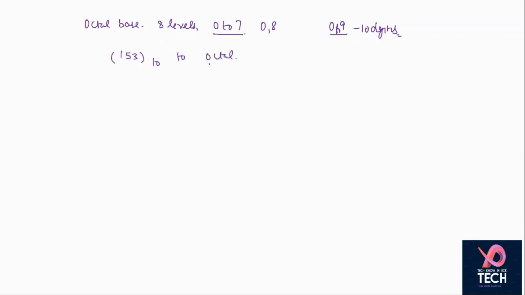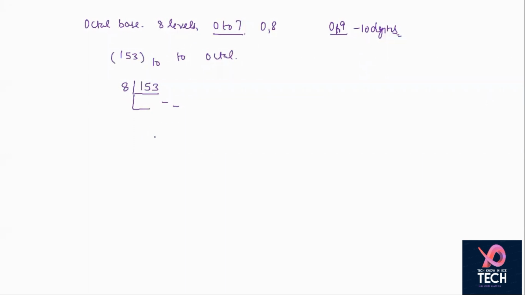So suppose I ask you people to convert this from decimal to octal, then the procedure remains same. What is the base? Base is 8. So here you can write down 153. So you will write down the number, then what is the remainder, and then further divide it and so on.